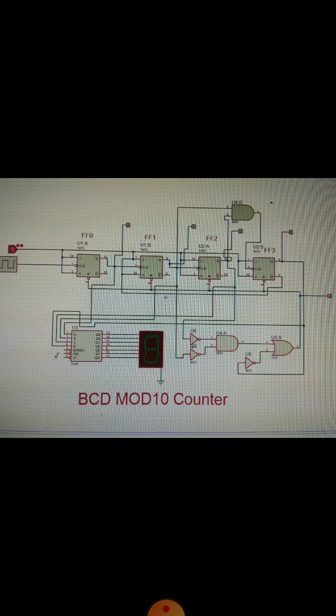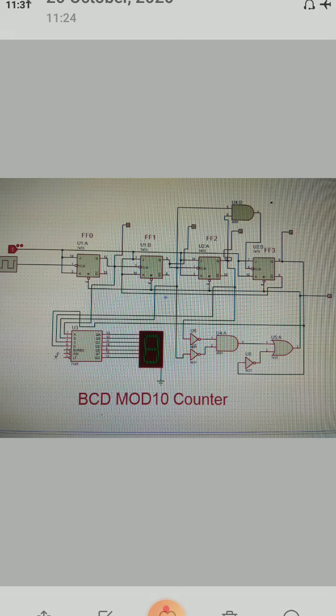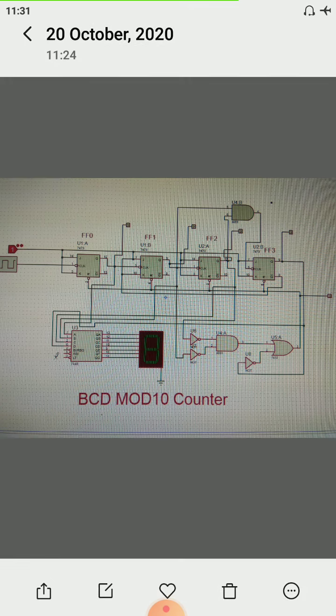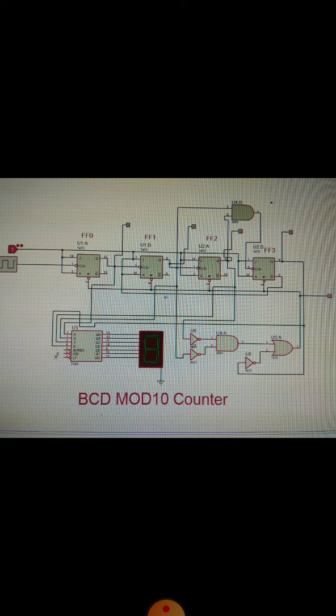Input is given at J, which is common for all the flip flops through a logic state. You can make this connection according to this circuit diagram. I will share this separately with your group.